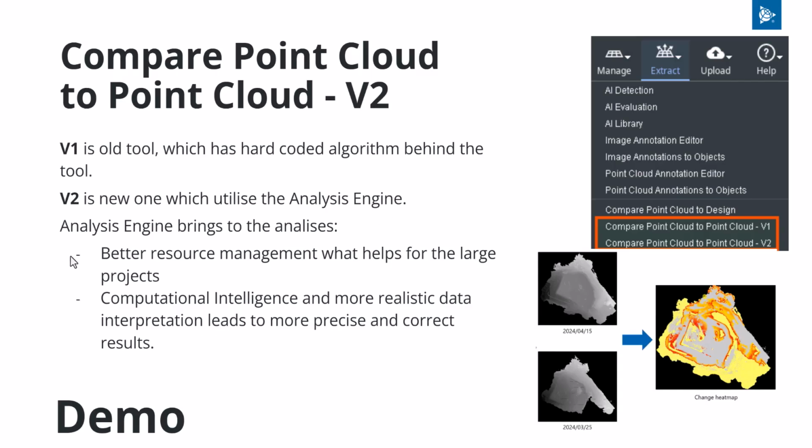So first of all, it's better in terms of resource management, which helps for large projects. Also, the computational intelligence of the engine and more realistic data interpretation lead to more precise and correct results.